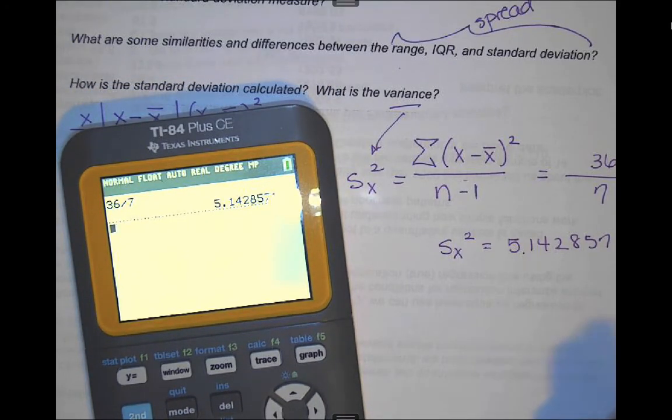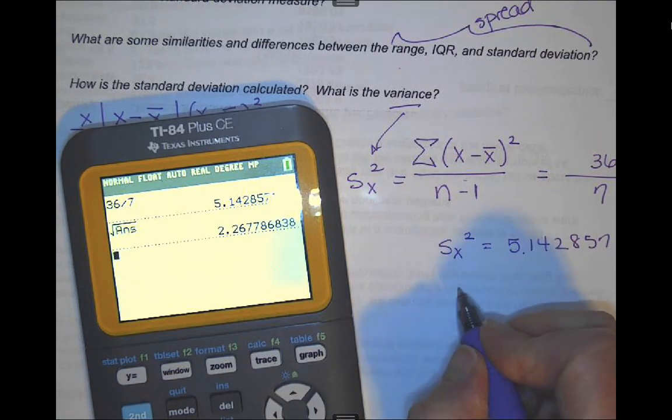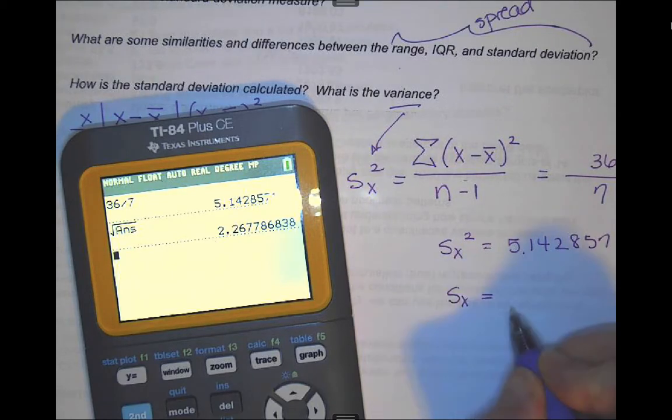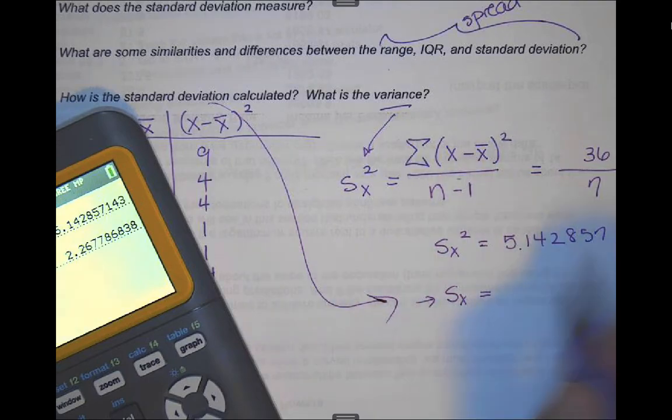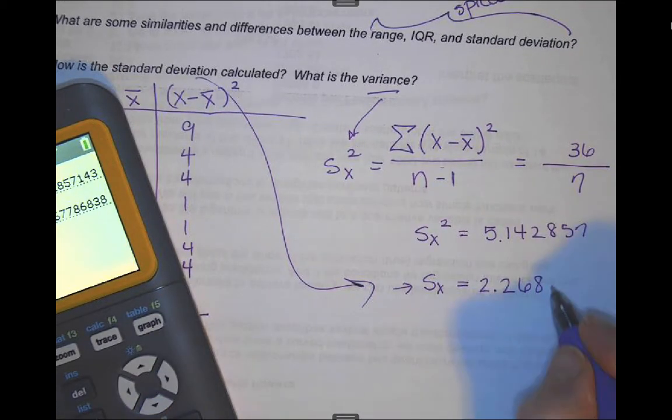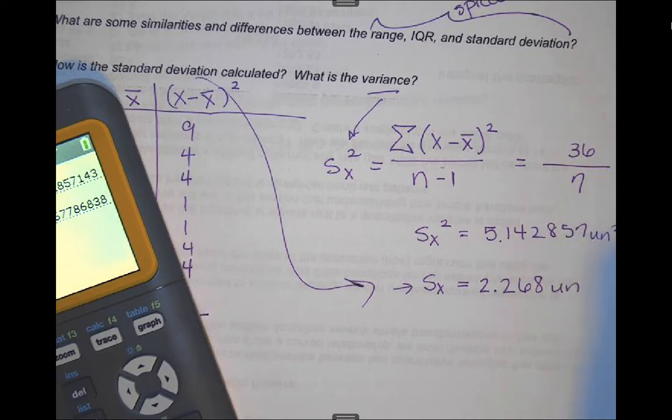Why would I want to keep it in squared units here? So I want to go back to what my original data was. So now I want to take my square root. When I take the square root, this right here is my standard deviation, and I have 2.268, I'll just use 3 decimal places. And whatever the units are, this one now is not squared anymore. These other ones were squared units.